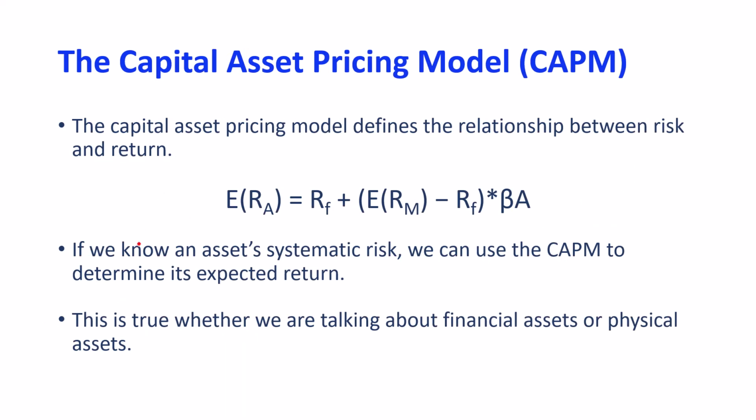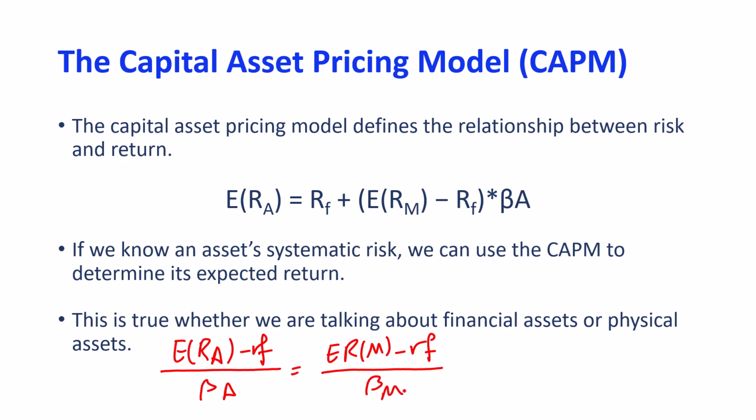The security market line is basically saying that the expected return of asset A minus the risk-free rate over the beta of A should be the same as the expected return of the market minus the risk-free rate over the beta of the market. Since this one is 1, we can rearrange this to calculate the expected return of any asset, which is the risk-free rate plus the market risk premium times the beta of asset A.